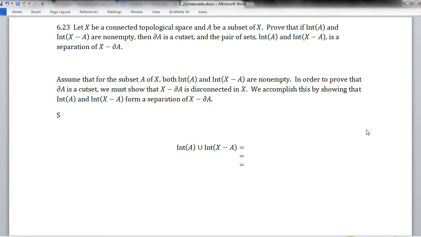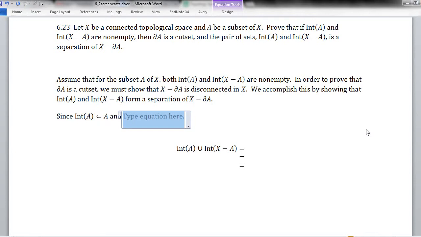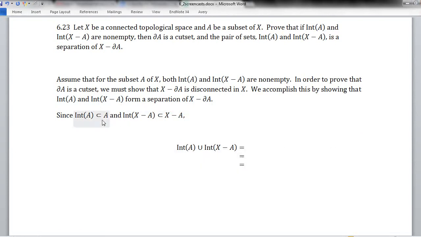And the thing to notice is that the interior of A is a subset of A, and similarly the interior of the complement of A is a subset of the complement of A. But A and the complement of A are certainly disjoint, and so these subsets of them are disjoint too. So we see that the interior of A and the interior of X minus A are disjoint.